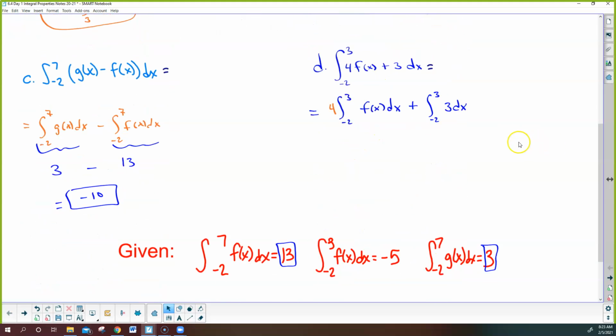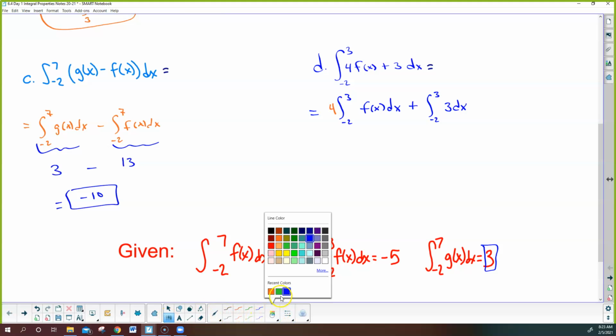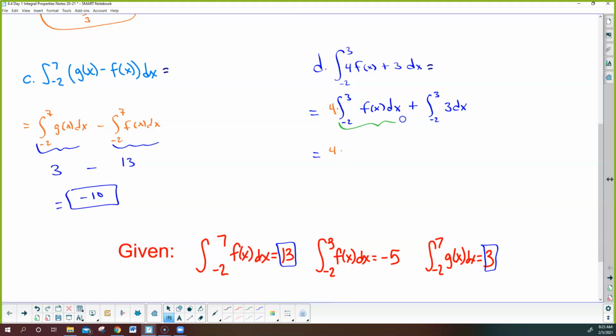Okay. Well, the benefit to doing that is that 4 is a multiplier, and then we know the answer for this part right here. The area under the curve from -2 to 3 of f of x dx is -5.